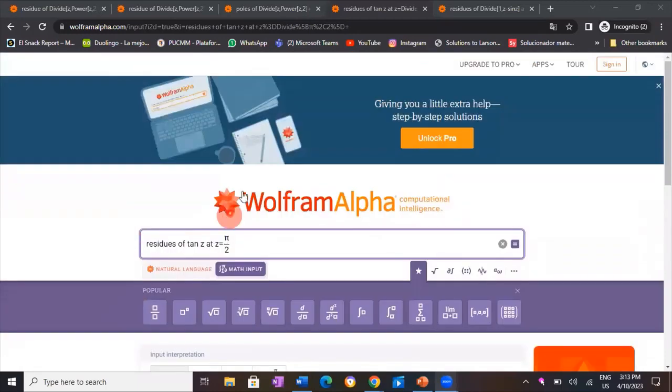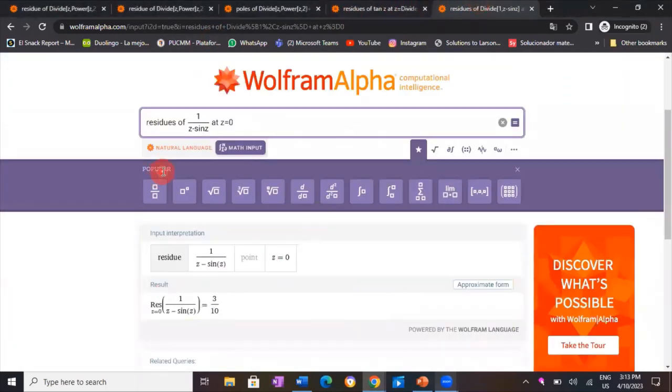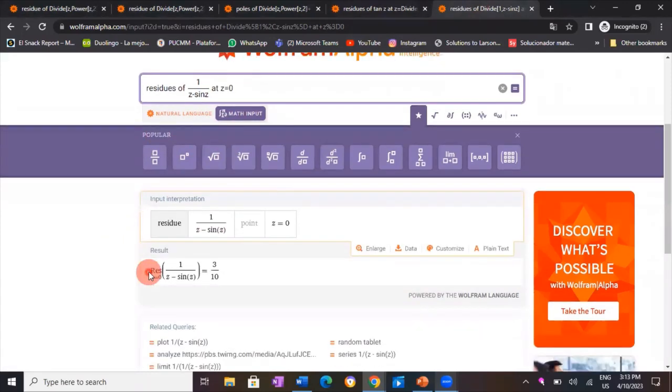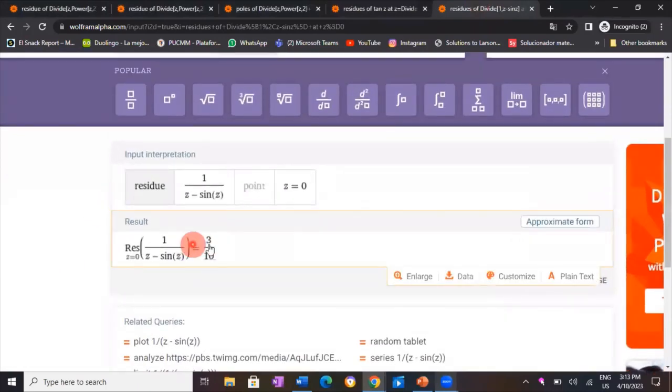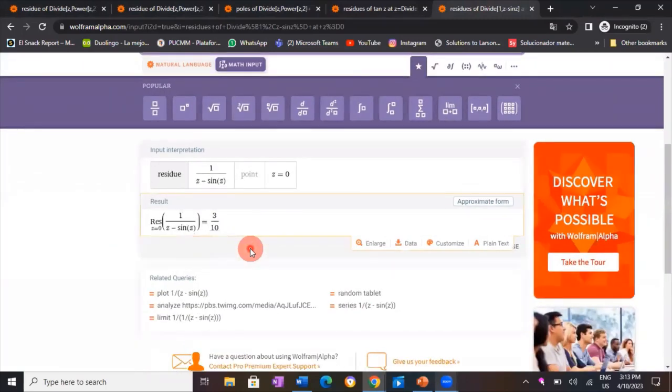There we go. And the last one, we're going to check the residue of this function at c equals 0. So when we do that, we'll see that the residue of that function is going to be equal to 3 over 10. So far, we have seen that all of our answers were correct.